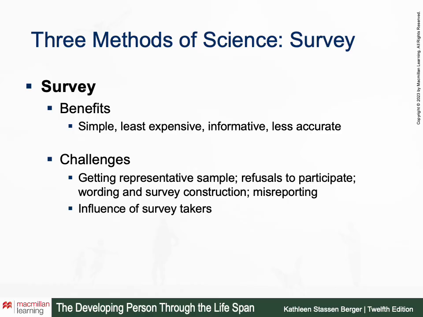Not everybody understanding the questions and making sure, again, that it's taking into consideration different cultural contexts. And then also misreporting, as well as just the influence of the survey takers. So it's hard to get a big enough sample. And again, it's hard to make sure that the language of the survey is objective and not leading people to a certain answer.